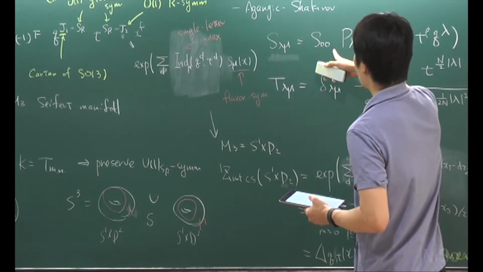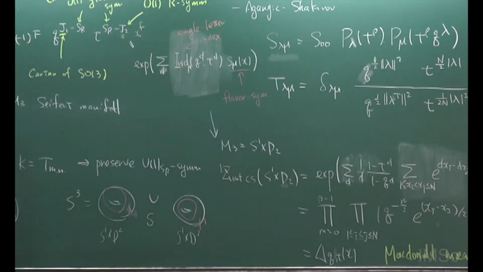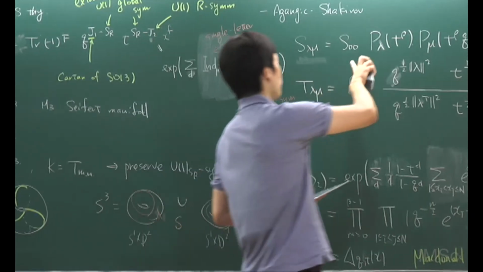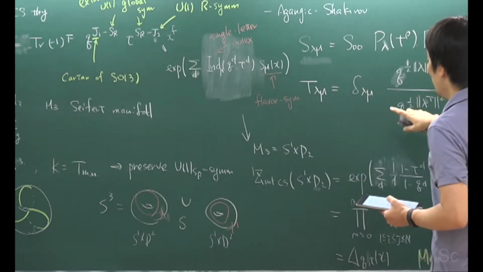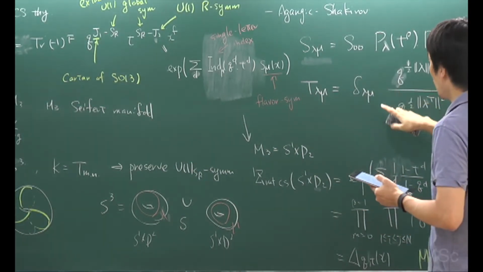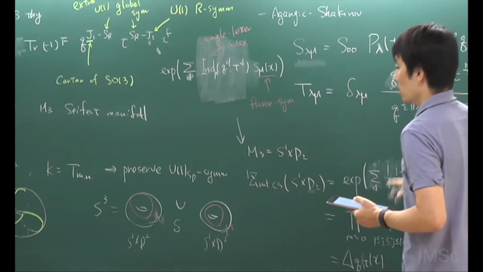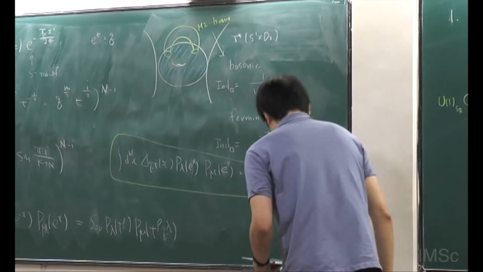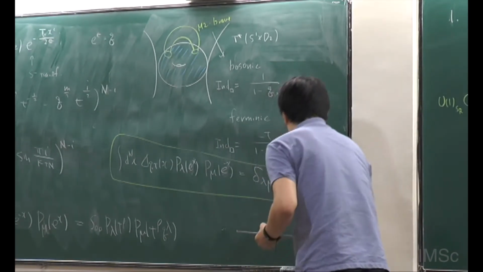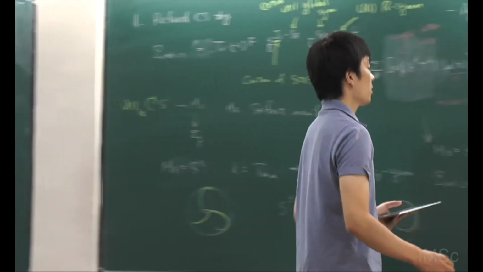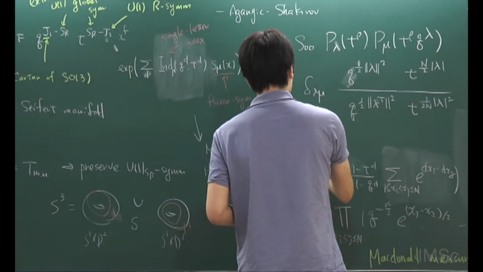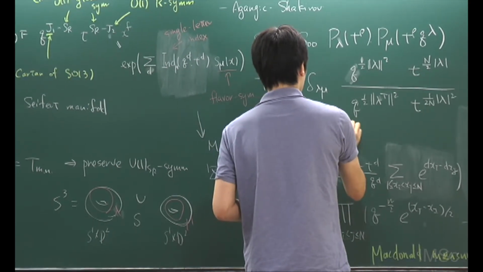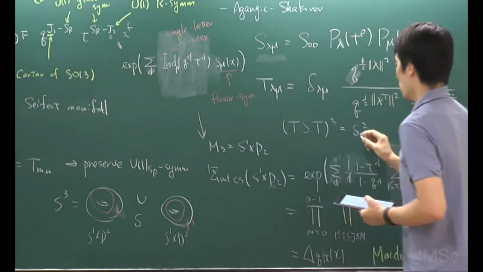So this index appears in the S matrix, and the T matrix can be obtained by just finding the matrix which satisfies (ST) cubed is equal to S squared and so on.